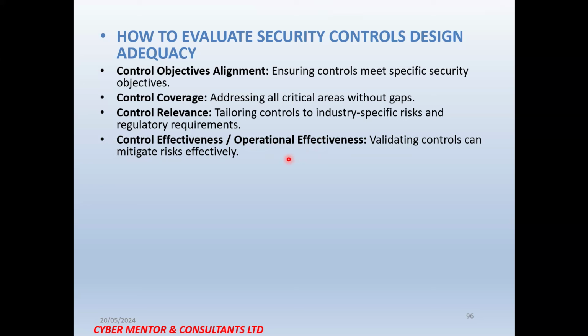Although there's no control that cannot be bypassed, if it becomes an easy thing for the attackers, that means it's not effective. So what are we driving at here? How well does each control mitigate identified risk?